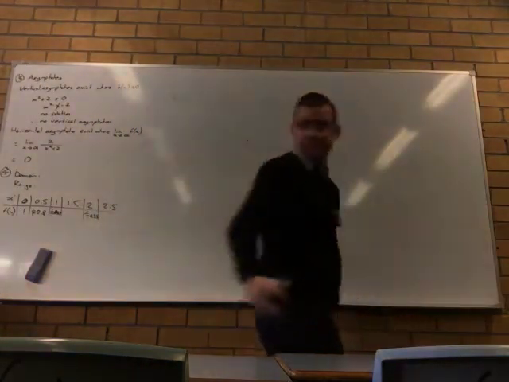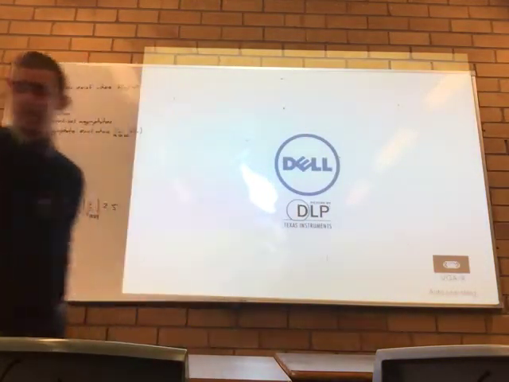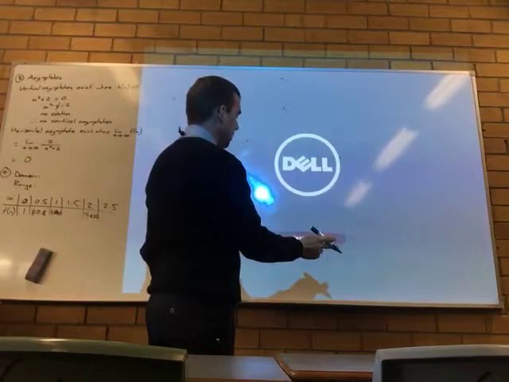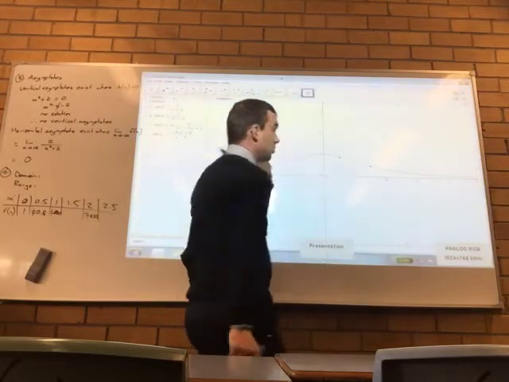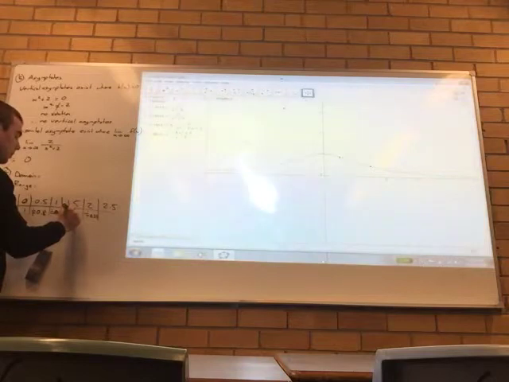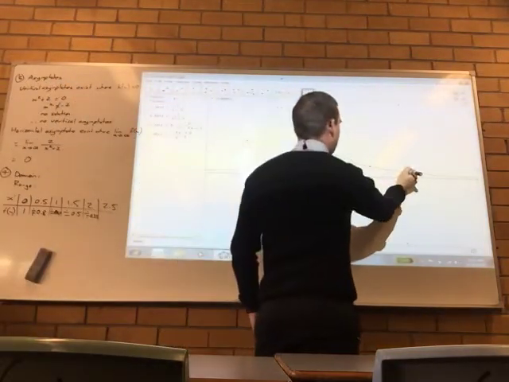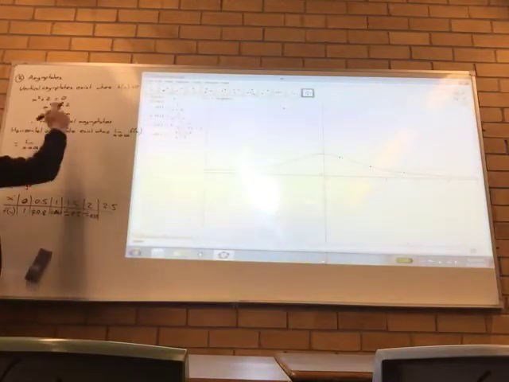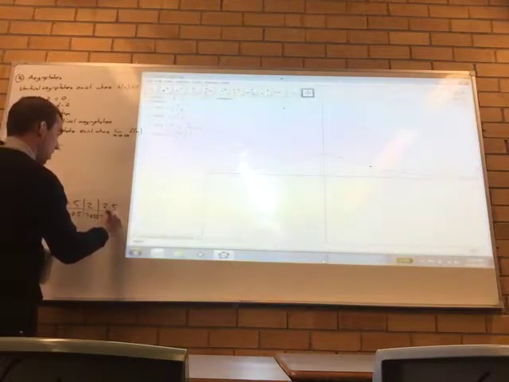One and a half looks like it's approximately a half. And then 2 and a half is something less than 0.33 from the calculation, so let's say it's approximately 0.3, for example.